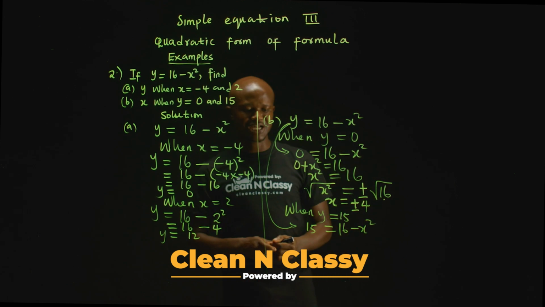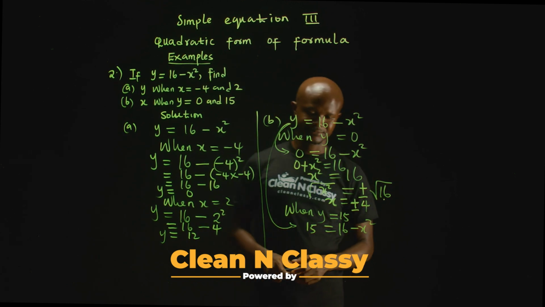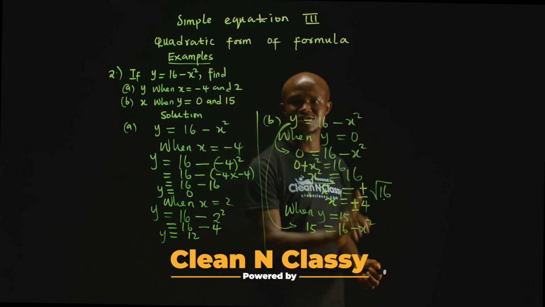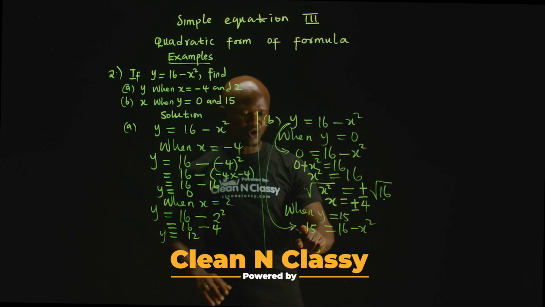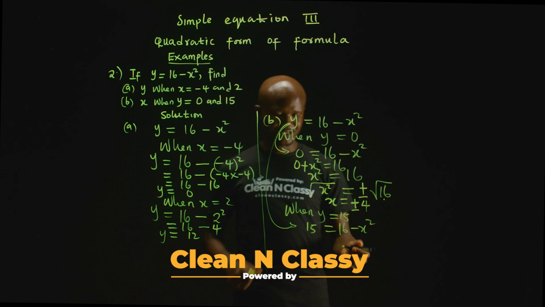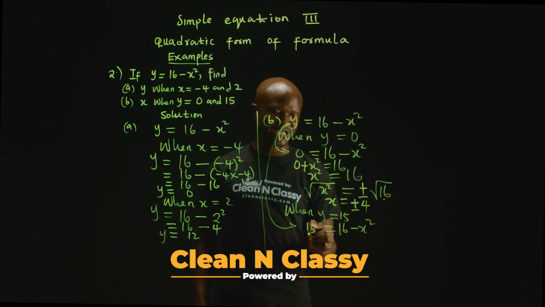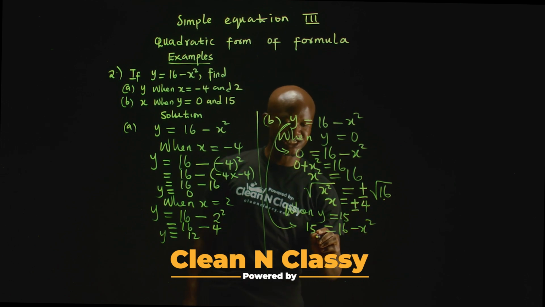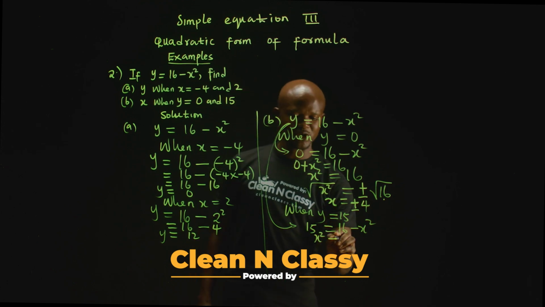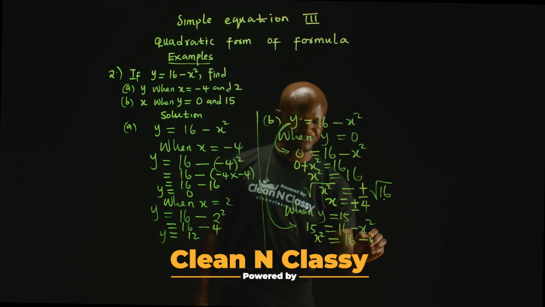Then what are we going to do now? We need to collect the like terms by moving minus x squared to the left and moving 15 to the right. Now let's move minus x squared to the left. It will turn to positive x squared. So we have x squared equals 16 minus 15.